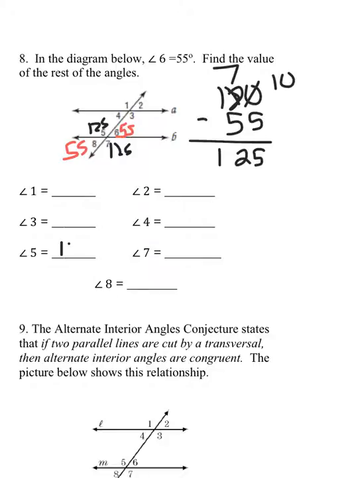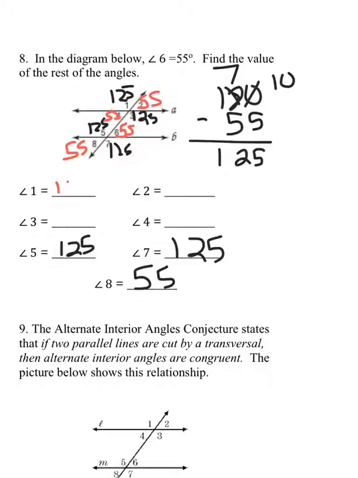That's 125 for 5. 7 is 125. 8 is 55. And then at the top, it's going to be the exact same pattern. It should be 125 there and there, and 55 there and there.